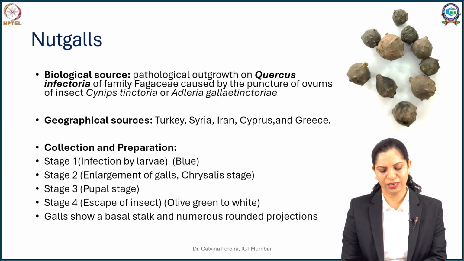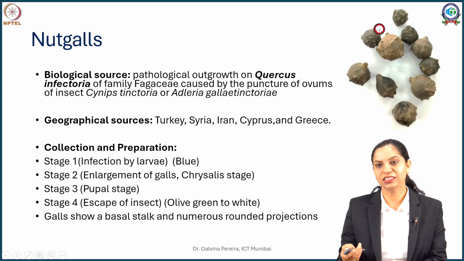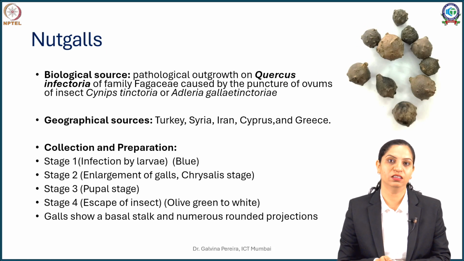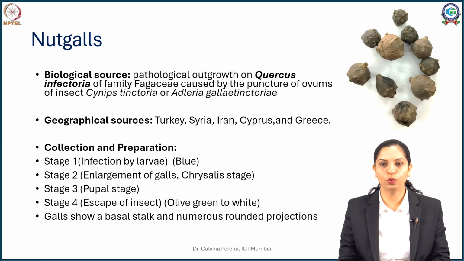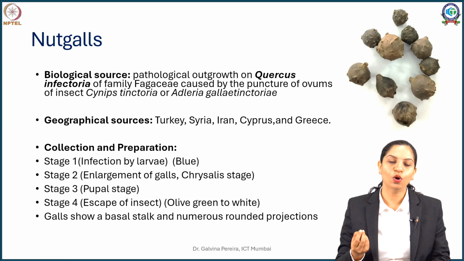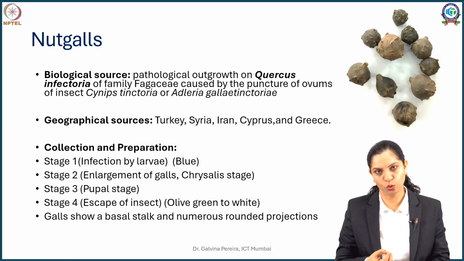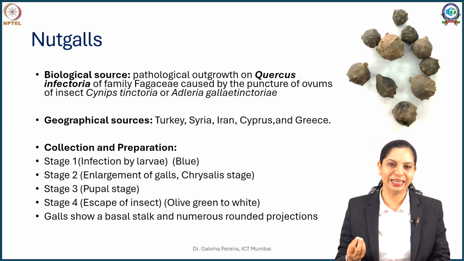So what is nutgall? You can see this circular object, that's a nutgall. That's actually a pathological growth, like a tumorous growth, which is found on a very young twig of what is called Dyer's oak. Dyer's oak botanically is Quercus infectoria, or referred to as your oak tree.